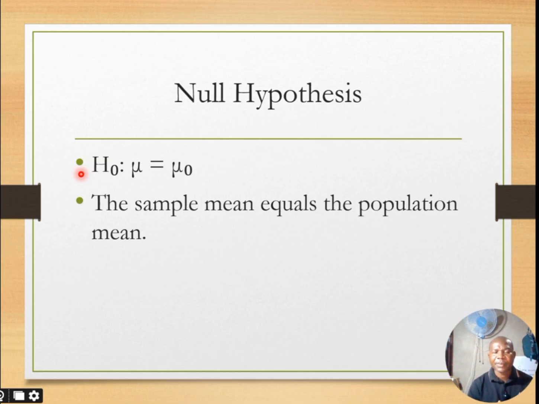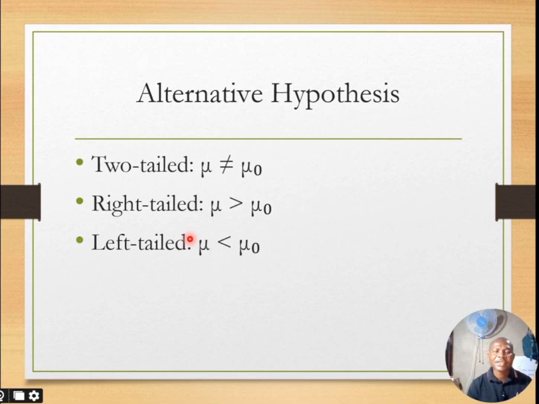For our one sample t-test, you state it this way: our mean is equal to what? Our hypothesized mean. So the sample mean equals the hypothesized mean. That is how the null hypothesis will be stated for a one sample t-test. While the alternative hypothesis could be stated in different ways, depending on the perspective of the researcher.